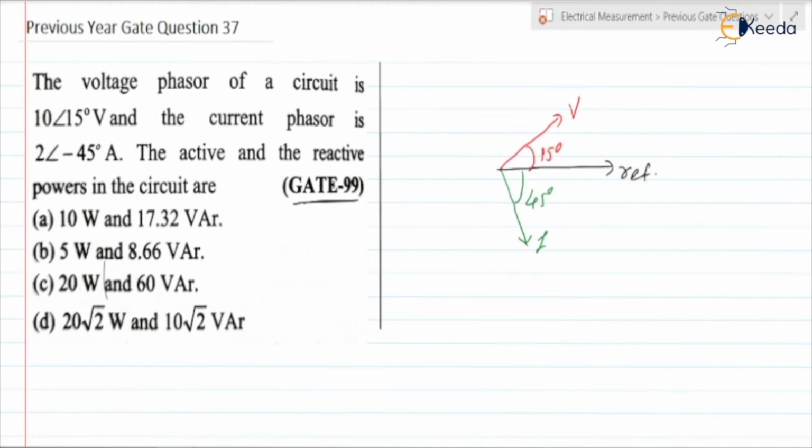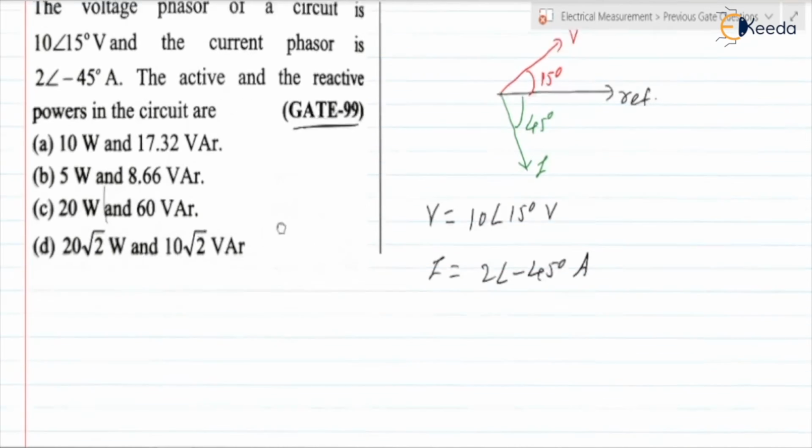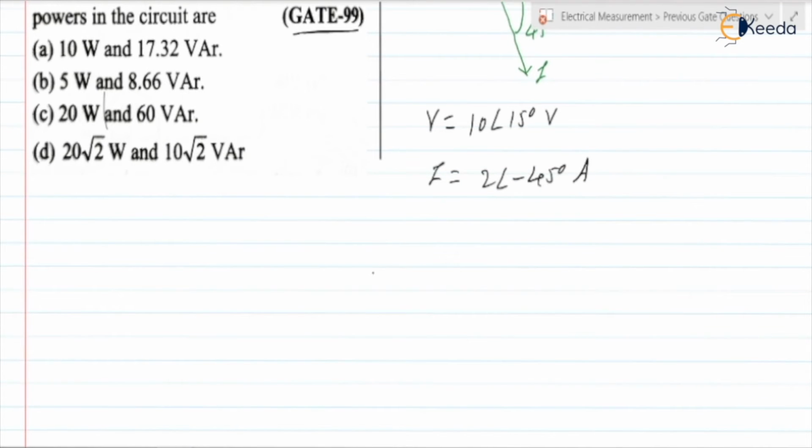Okay, so this will be the waveform, because here the sign is plus and here the sign is minus. Now if you check, it is given that V is equal to 10 at angle 15 degree volt, and current I is equal to 2 at angle minus 45 degree ampere. Now from this we can find the active power and reactive power.